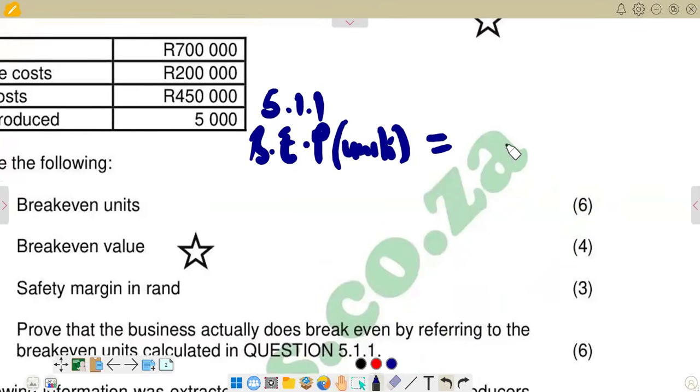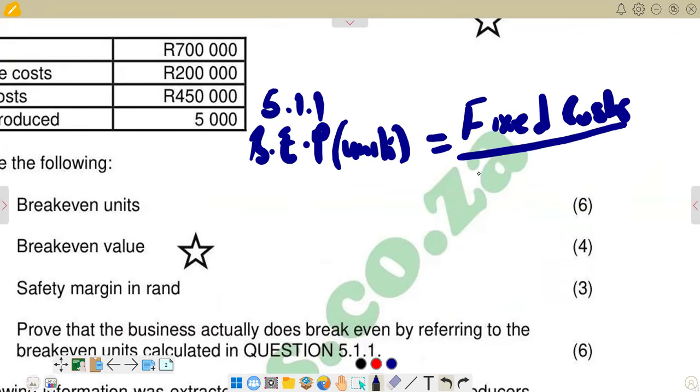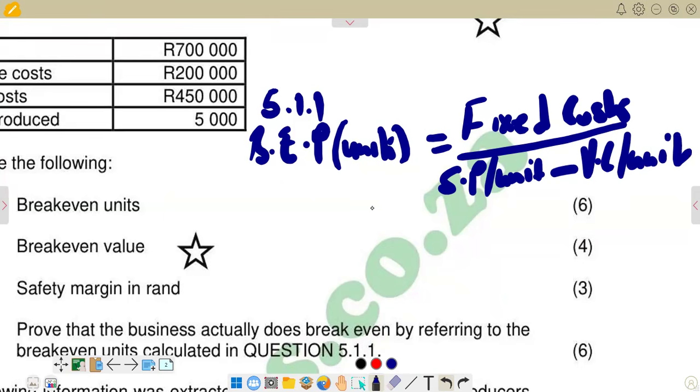The numerator is going to be the fixed costs, and on the denominator we are going to calculate the selling price per unit, minus the variable costs per unit. So this is the formula that we are going to employ.